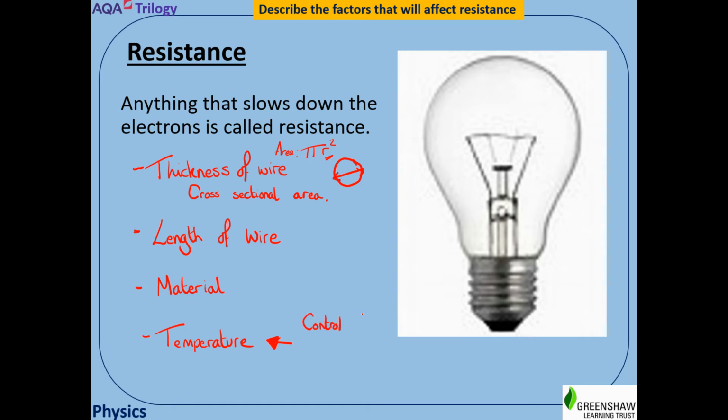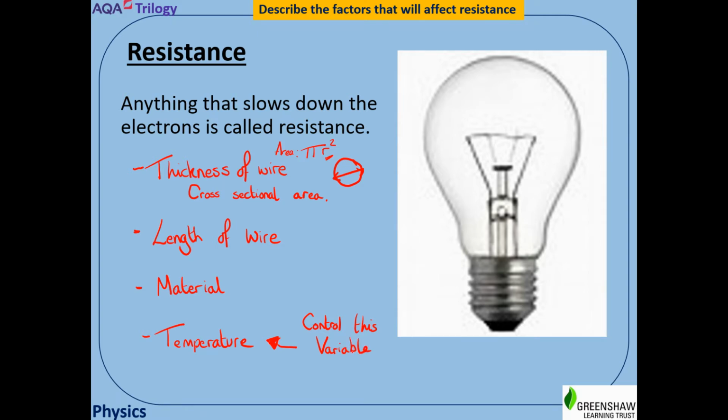Bearing in mind that resistance is effectively the friction caused by the electrons, we need to minimize any temperature change in order to make comparisons between our ideas. I've just realized I wrote it the wrong way. So control this variable.